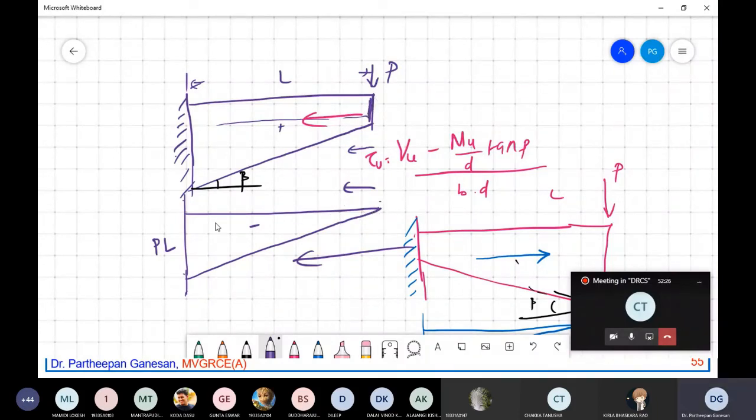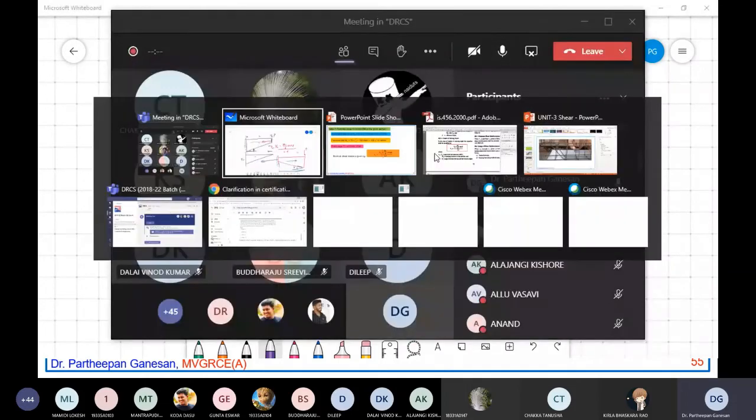Now the bending moment also will be like this. If it is UDL, it will be a parabolic curve. It will not be a plane curve, it will be a parabolic curve. Now when you go from free end to the fixed end, your depth is increasing. Similarly, when you go from free end to the fixed end, your bending moment is also increasing. If both are increasing in the same direction, you will use minus according to the code. You read the code, you will understand it.